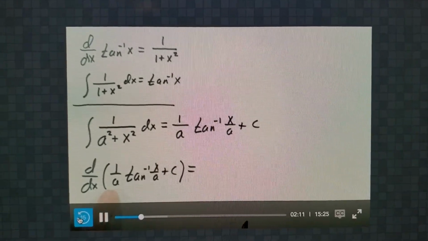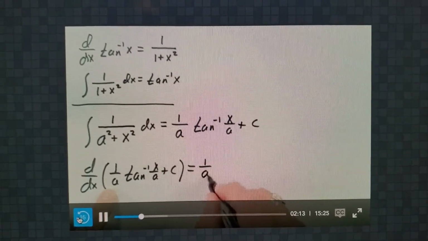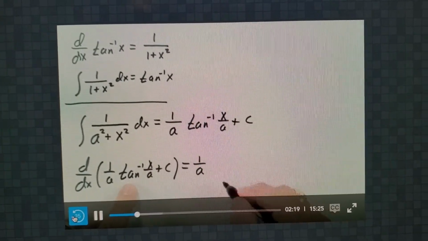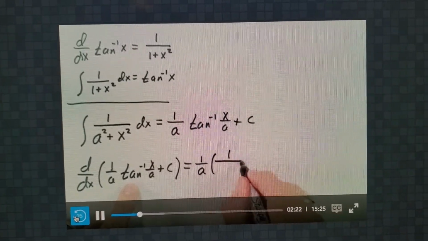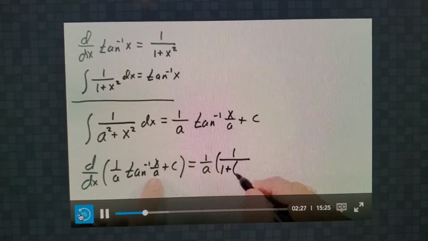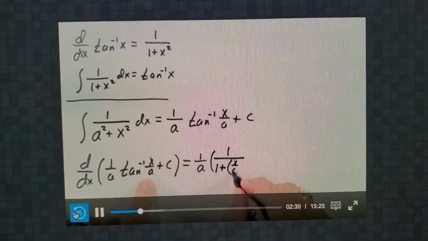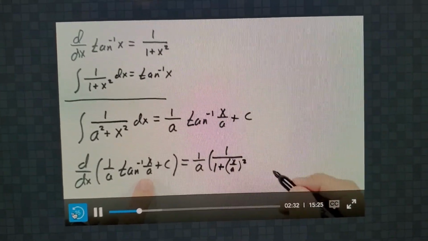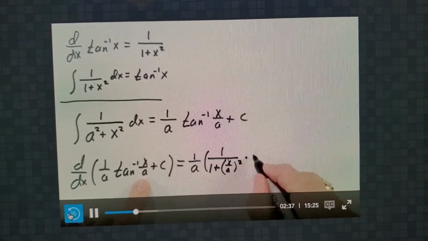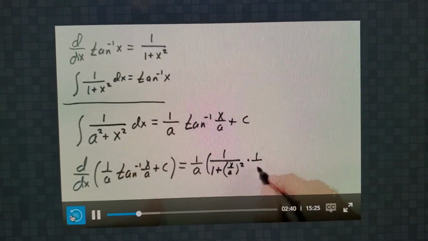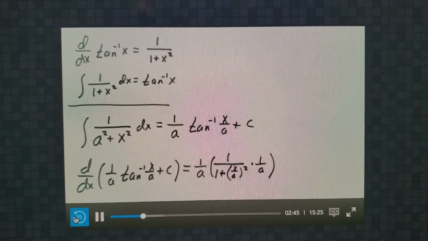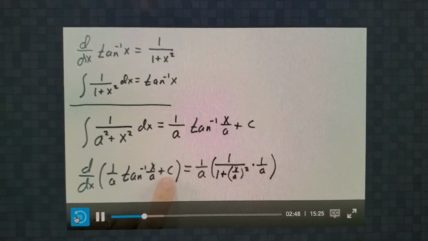So here I go. I've got a constant out in front. The derivative of the inverse tangent is 1 over, I did that up here, 1 plus, now I don't have x, I've got x over a squared, and then the chain rule says times the derivative of the thing inside, which would be 1 over a. The derivative of this constant, of course, is 0.